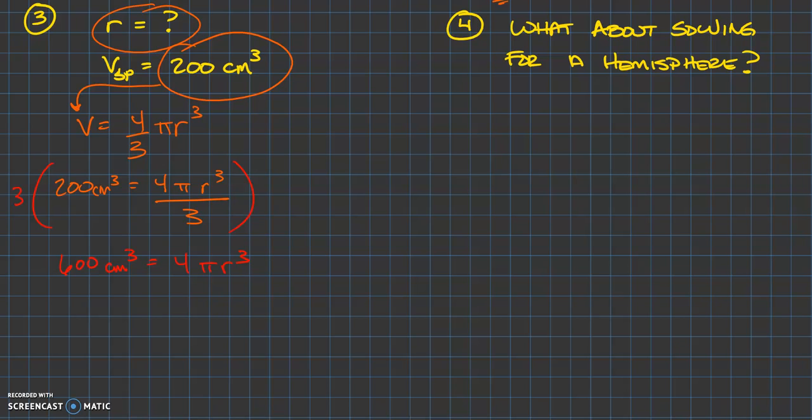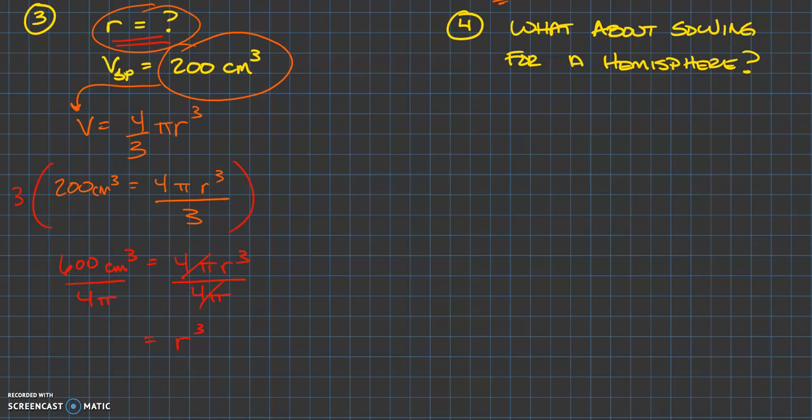So at this point, the easiest thing to do, or really the only thing to do, would be to divide both sides by 4 pi. Now this is where it might start looking a little bit messy. So when we do this, the 4 pi's will cancel, and we're left with r cubed on the right-hand side. And that's helpful because we know we're looking for r.